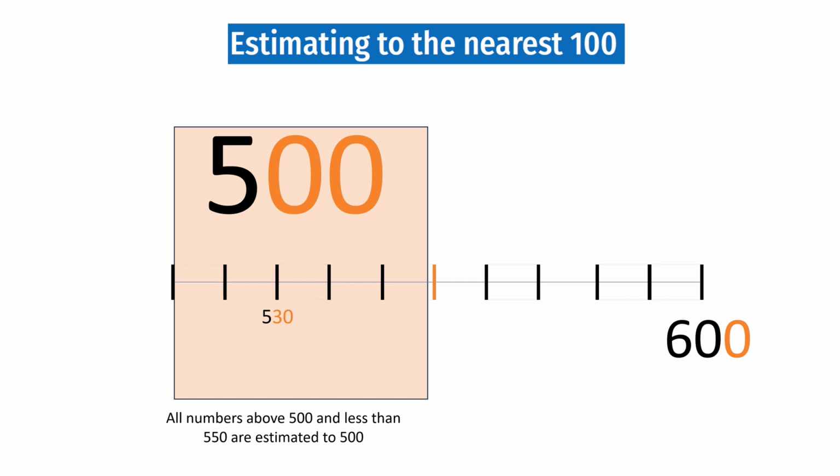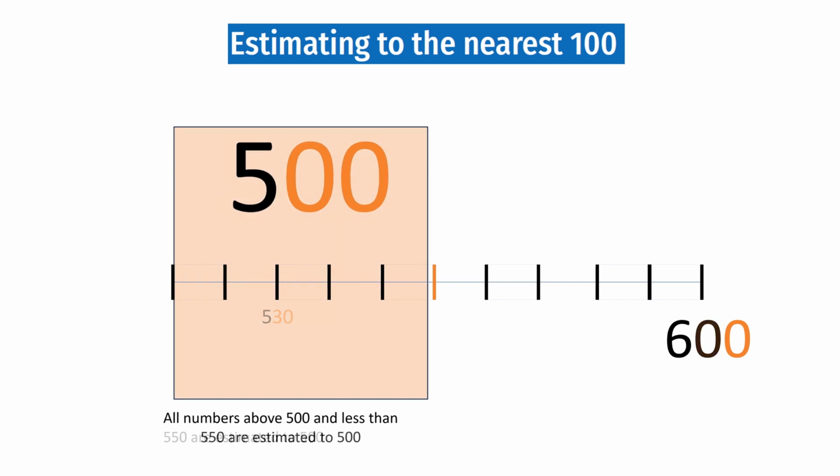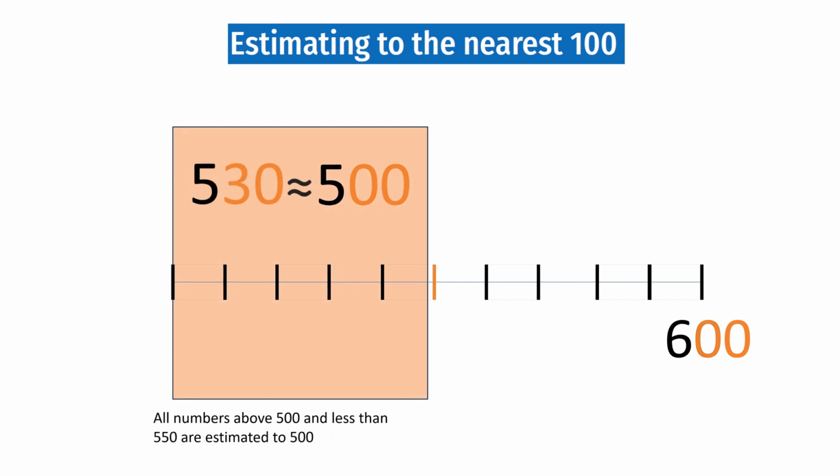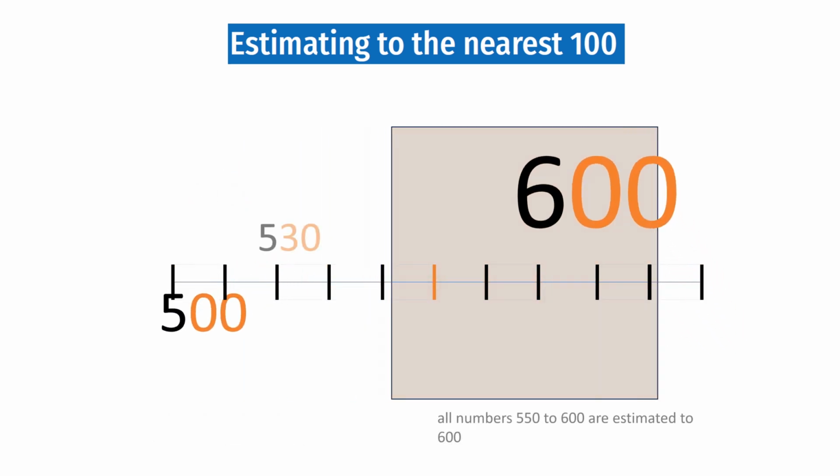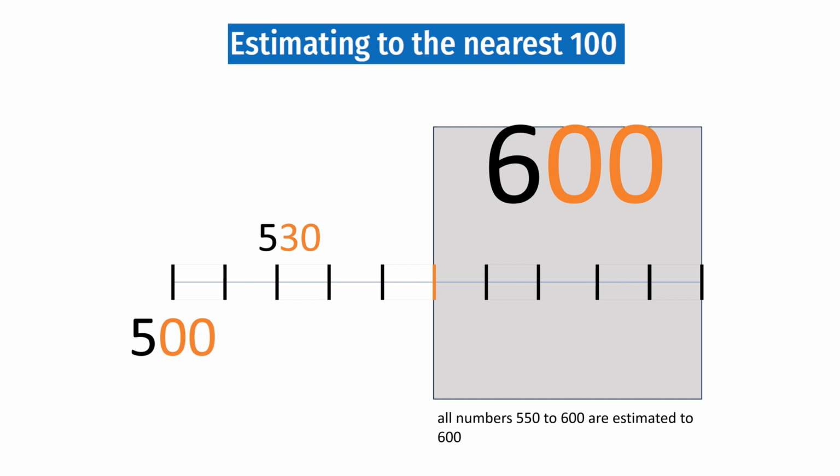So 530 estimated to the nearest 100 is 500. If any number is on the mid or on the right of mid, it will be estimated to upper hundred or 600.